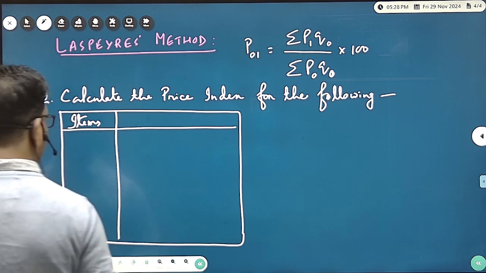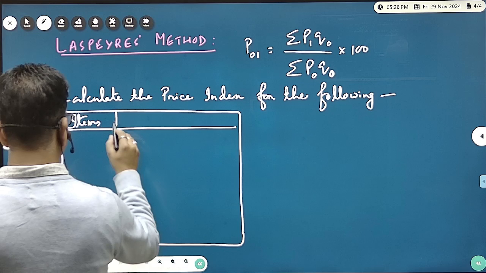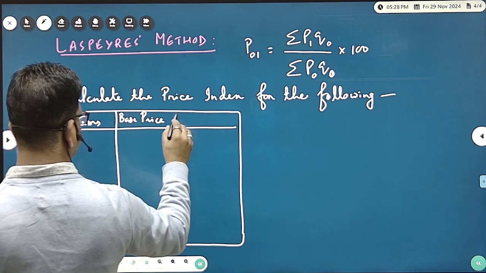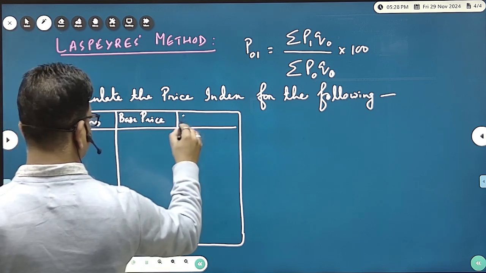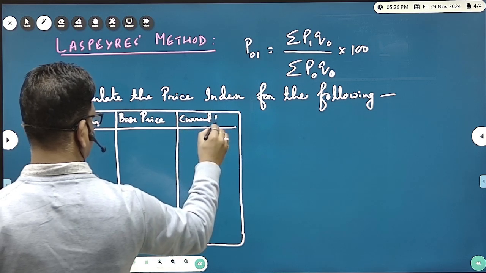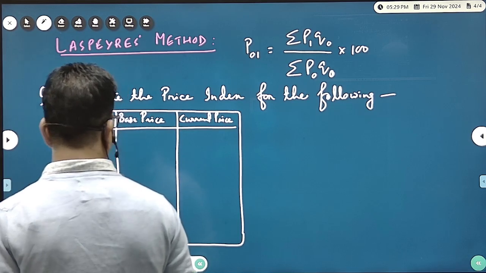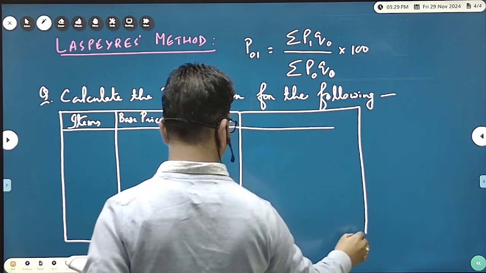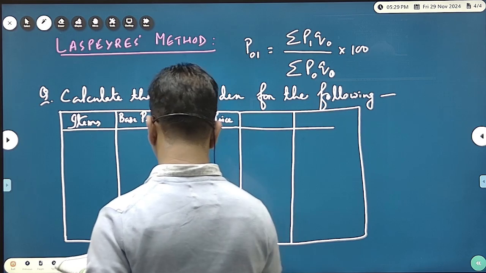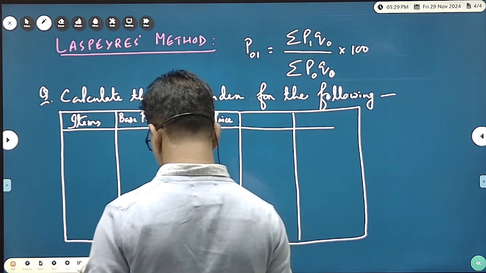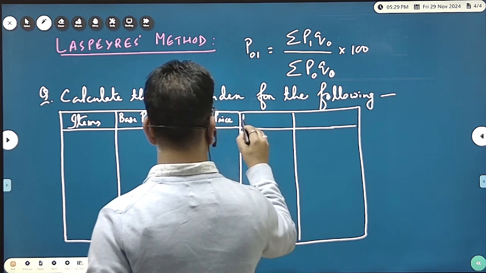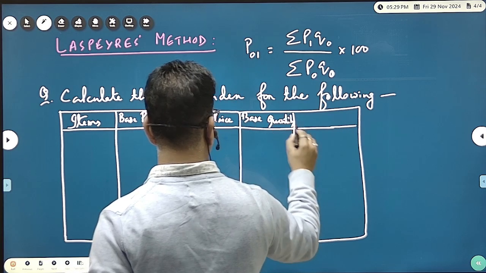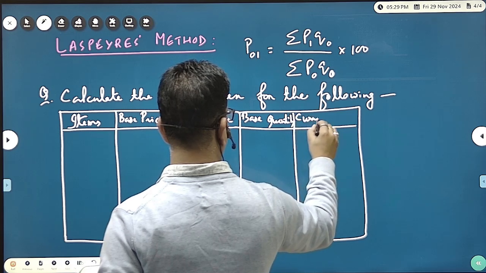Then I am writing here base price, current price, base quantity and current quantity. Understand, base quantity means originally how many were taken. And this is current quantity.